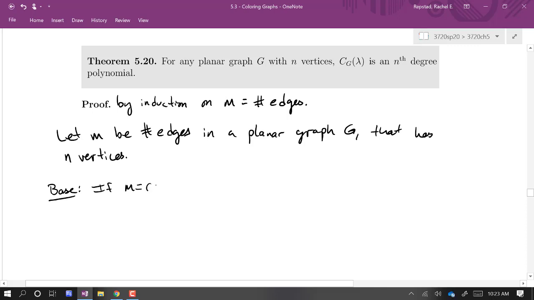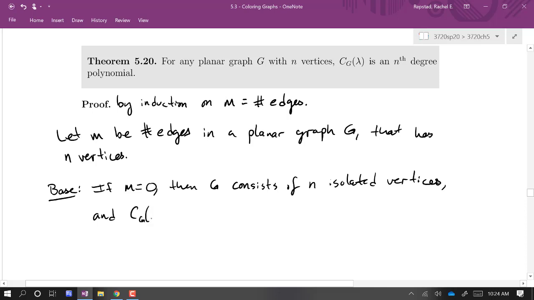If m is equal to 0, then G consists of n isolated vertices, and the chromatic polynomial is just lambda to the n, which is an nth degree polynomial.